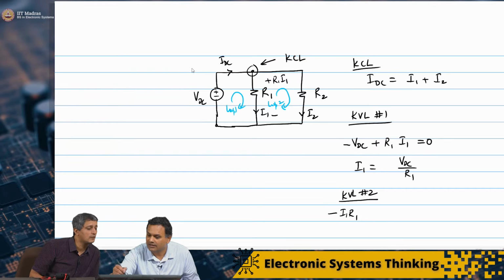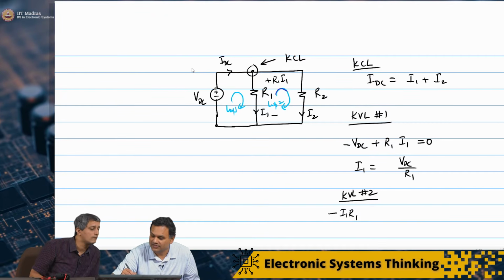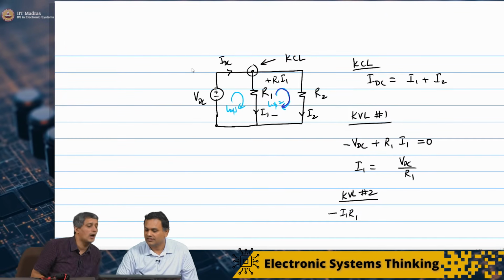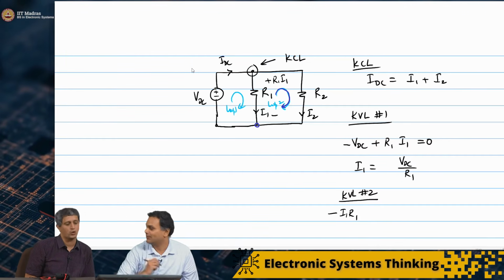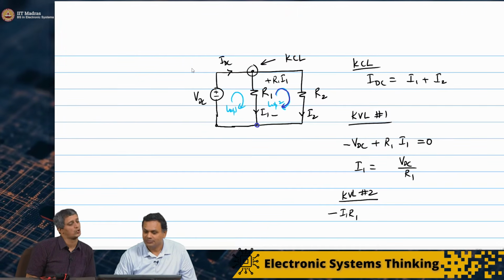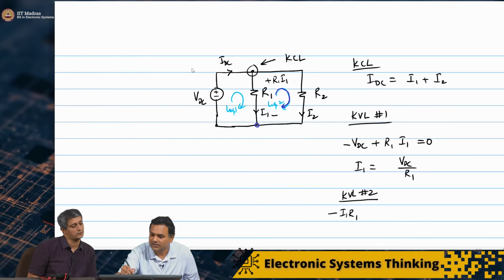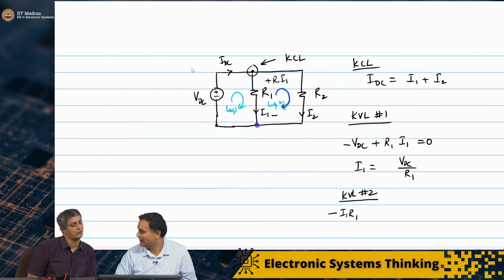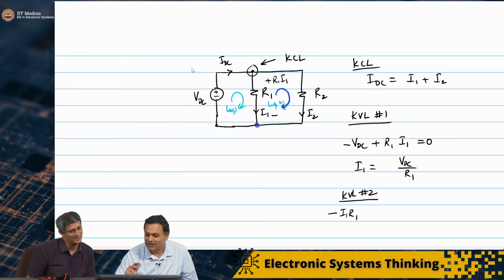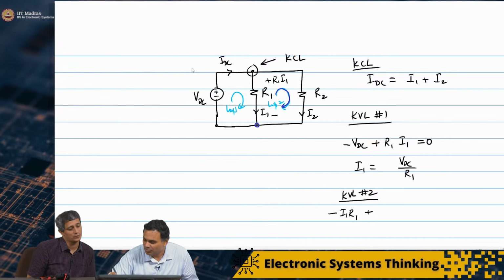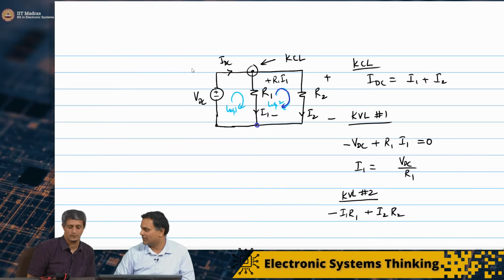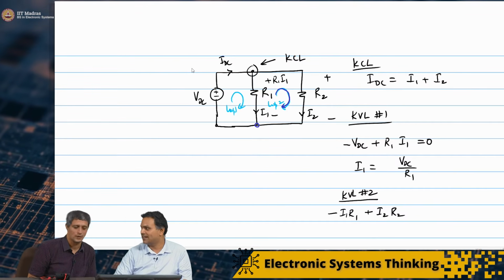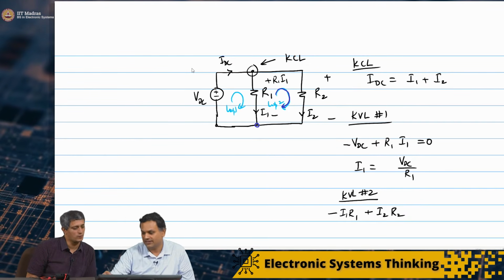That is the second loop, which is this one here. I'm going to start from here, go around the loop and come back to this point. Minus I1 R1 plus I2 R2, which is the voltage drop across R2. Now I'm back at the starting point, so that is equal to 0.